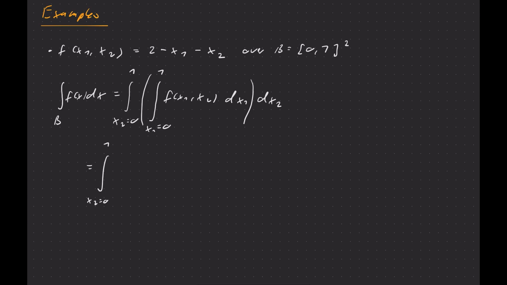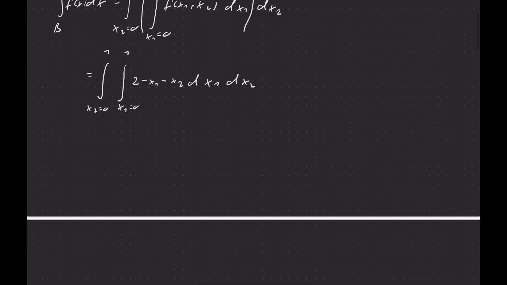First, let's substitute the actual function in there. That's 2 minus x1 minus x2, dx1, dx2. Then we'll do the integration step for the inner integral first. So we integrate that function with respect to x1.